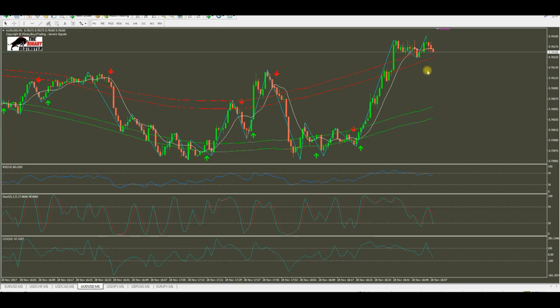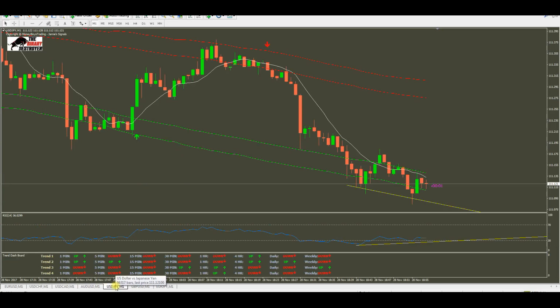I need a nice signal arrow to appear just here, and I'm going to enter a 5-minute trade there. What's USD JPY saying?